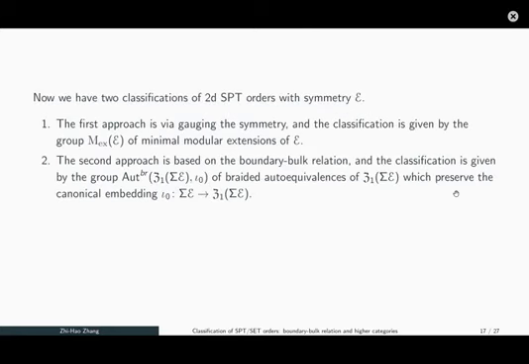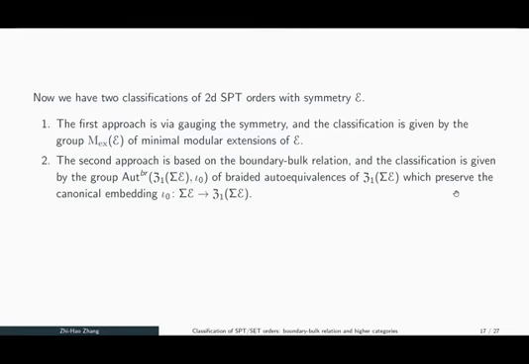So now we have two classifications of the 2D SPT orders with symmetry E. The first approach is by gauging the symmetry, and the classification is given by the group of minimal modular extensions of E. And the second approach is based on the boundary bulk relation. The classification is given by the group of braided autoequivalences of the Drinfeld center of sigma E that preserve the canonical embedding.